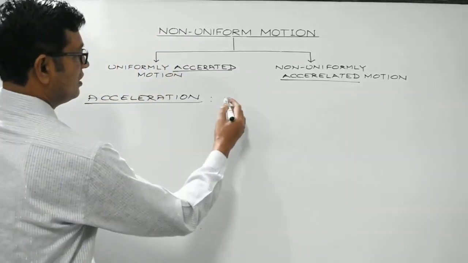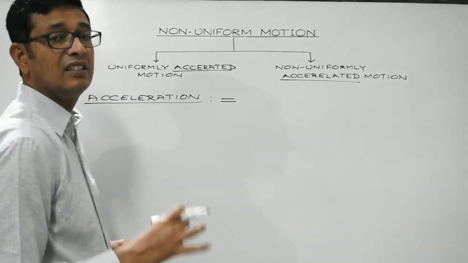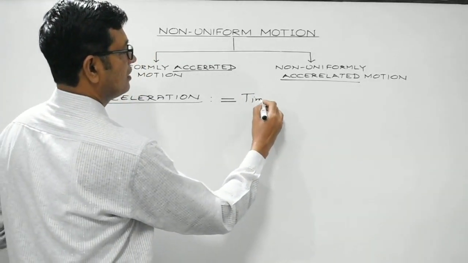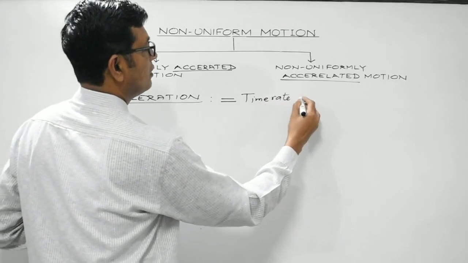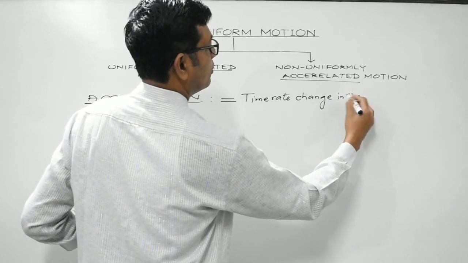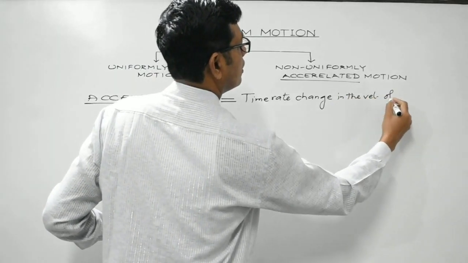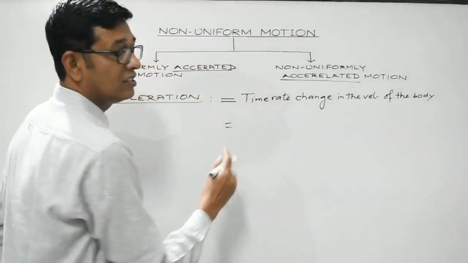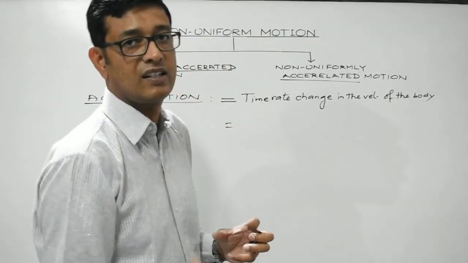So acceleration basically is defined as the time rate change in the velocity of the body. Okay. Time rate change means the change in the velocity per unit time, right?